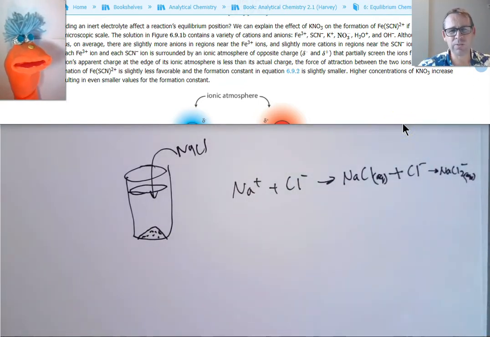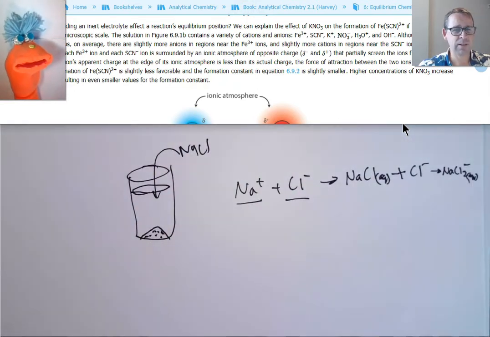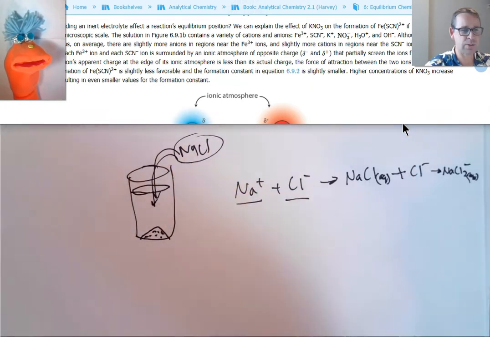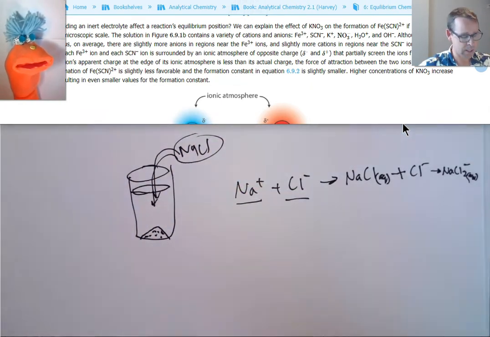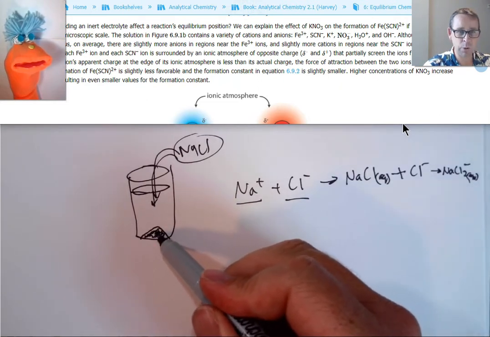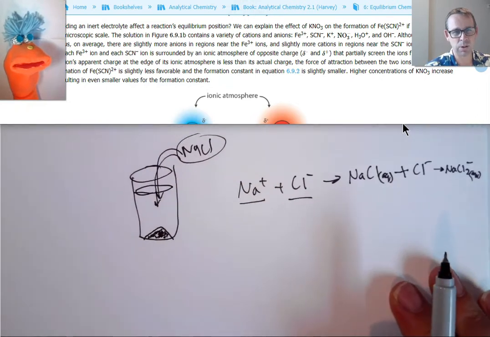And so then you get all of these different kinds of complex ions forming. And so then the concentration of Na and the concentration of Cl isn't equal to the amount of sodium chloride that was actually dissolved in solution. And again, this isn't because of this pile. This pile would form long after all these different possible complexations would occur.